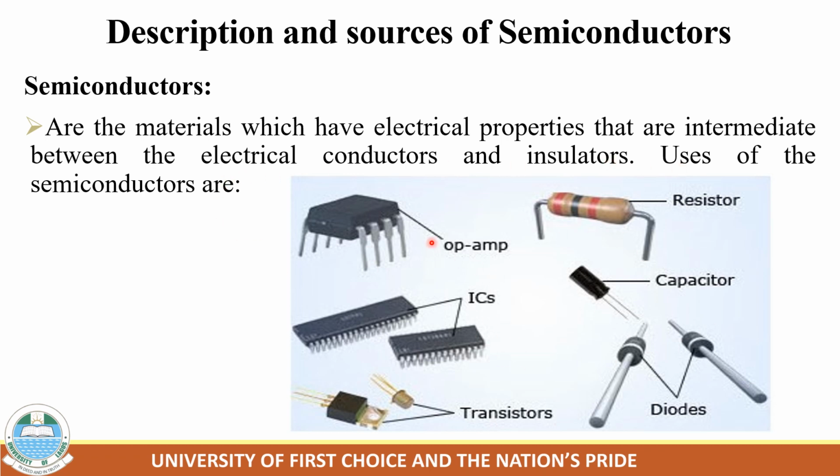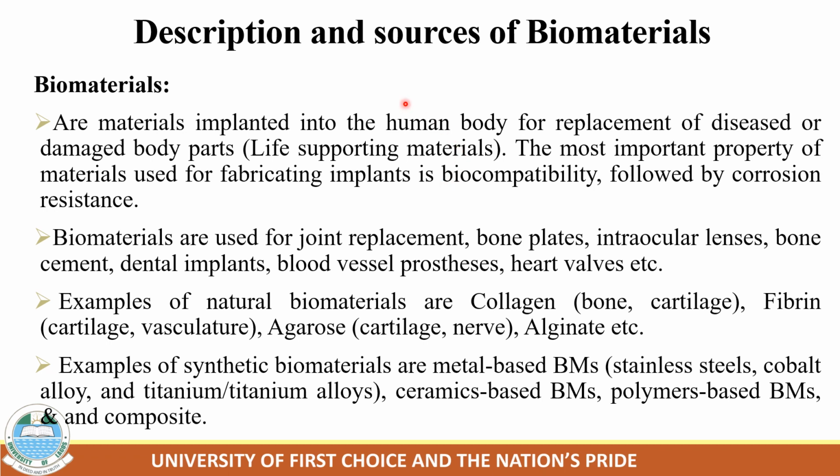This is a resistor, a capacitor, this is a diode, this is a transistor, this is an IC, that's integrated circuits. All of these are made up of semiconductors for electronics purposes.